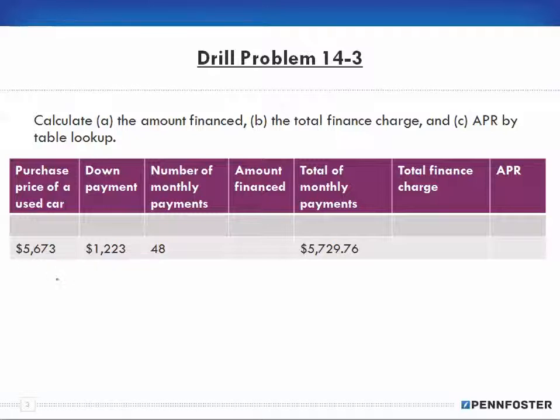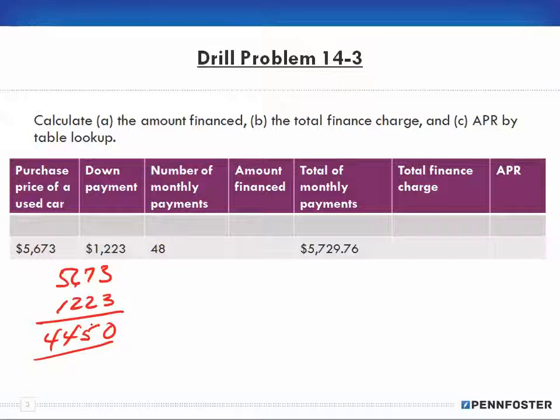Well, the purchase price of the used car is $5,673, and we're putting down a down payment of $1,223. So the difference between those two is $4,450. Okay, so that's the amount financed, $4,450.